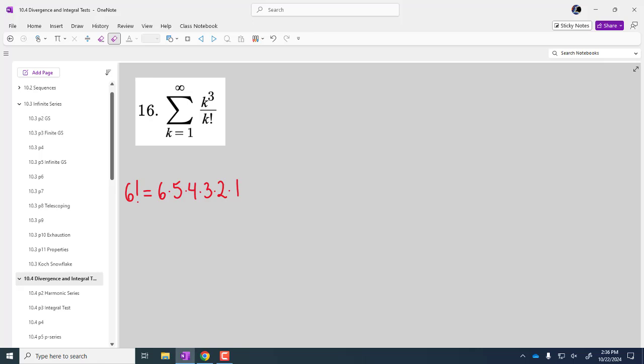How does the factorial function work when you put a decimal in? Great question. If you want to use L'Hopital's rule, you have to take a derivative, right? In order to take a derivative, you have to have a continuous differentiable function.